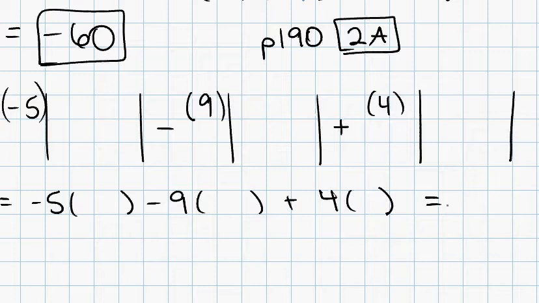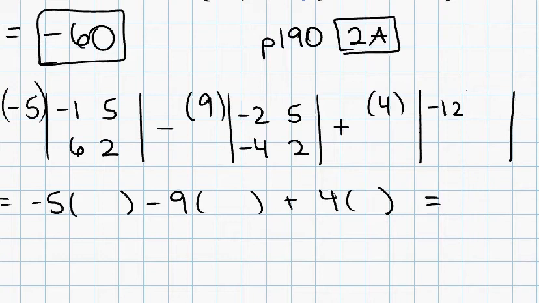And in the first 2 by 2, I would have a negative 1, 5, 6, 2. Next to the 9, I would have negative 2, 5, negative 4, 2. And next to the 4, I would have negative 2, negative 1, negative 4, 6.